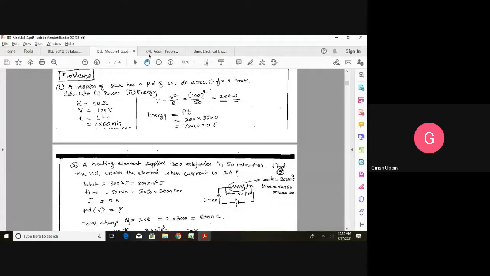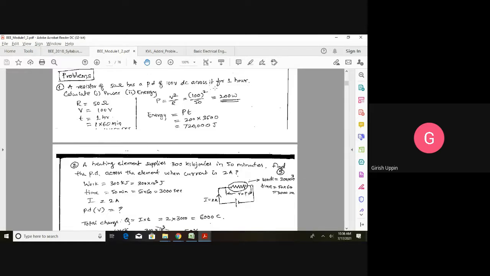Here is a simple example. A resistor of 15 ohm has a potential difference of 100 volt DC across it for 1 hour. Calculate power and energy. So power is, we know, V square by R, because voltage is given and the resistance is given. V square by R, we get it as 200 watt.